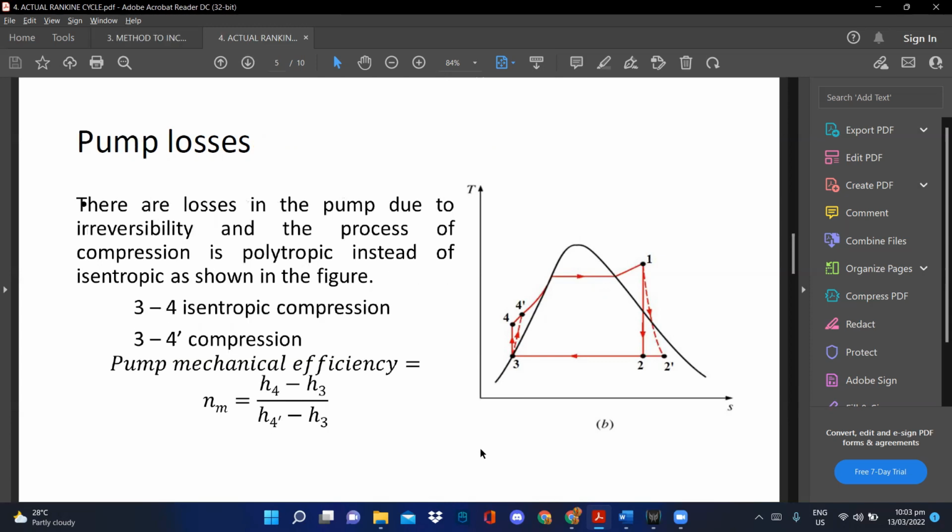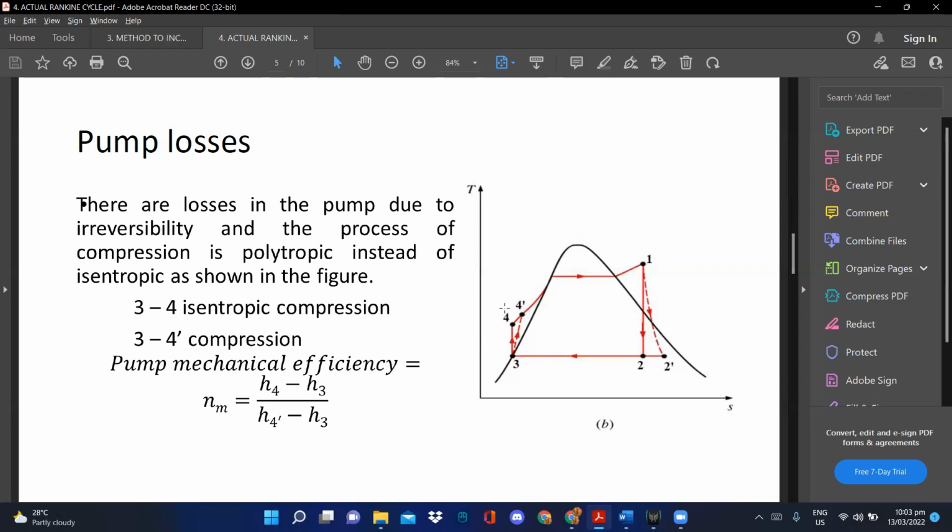Now, for the pump loss naman, there are losses in the pump due to irreversibility and the process of compression is polytropic instead of isentropic as shown in the figure. So we have 3 to 4, which is your ideal isentropic compression.